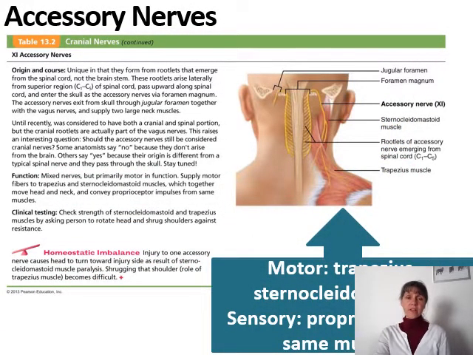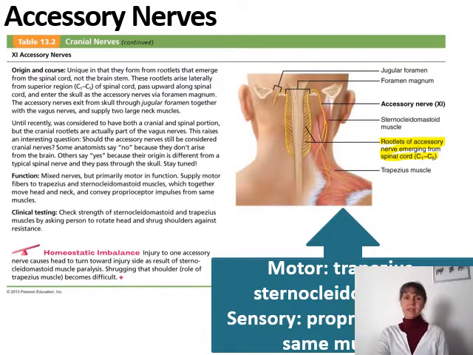Cranial nerve 11 is the accessory nerve, and this is the only cranial nerve that has fibers, or rootlets, that emerge from the spinal cord at the levels of C1 through C5. You can see these little rootlets on the right-hand side of the picture above.